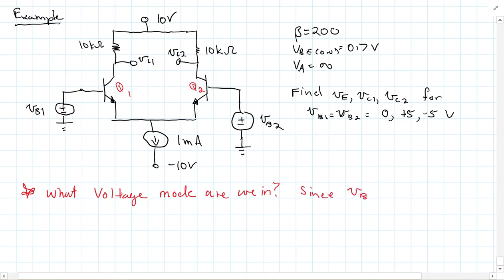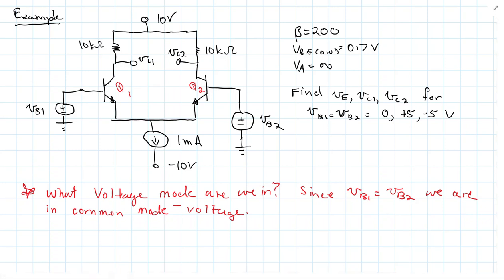Since VB1 equals VB2, we are in common mode voltage, which is good for us because it makes some of the things a little bit easier. For instance, we know that we can figure out what IC is, and we can figure out VC1 and VC2 pretty quickly here. And so we'll see how we can do that here.